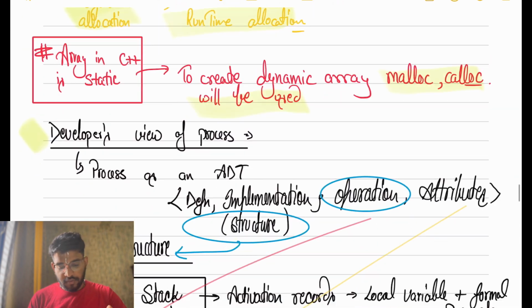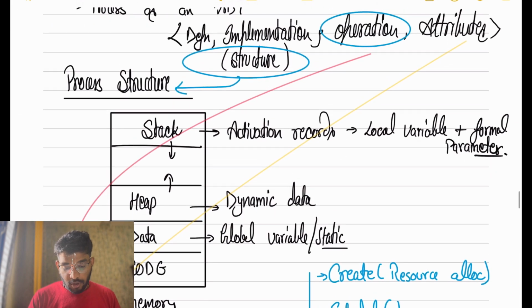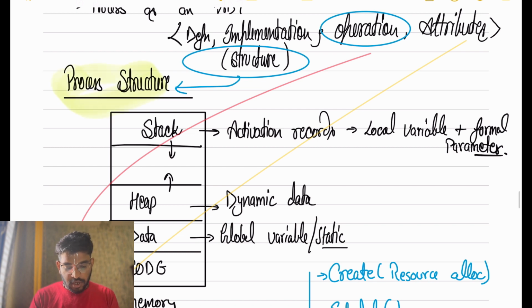The process is divided into four parts: code, data, heap, and stack. Code contains instructions. Stack contains the activation record, local variables plus formal parameters. Heap is for dynamic data, and data contains global or static variables.